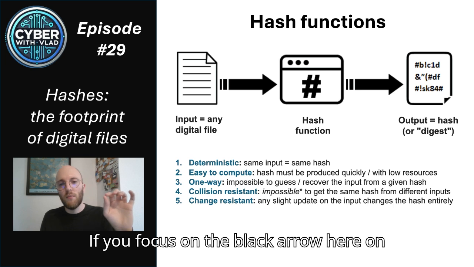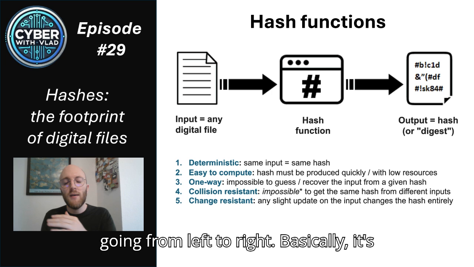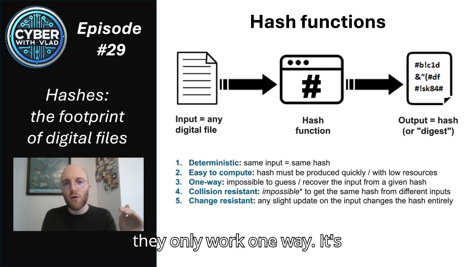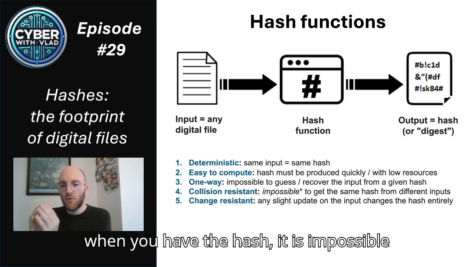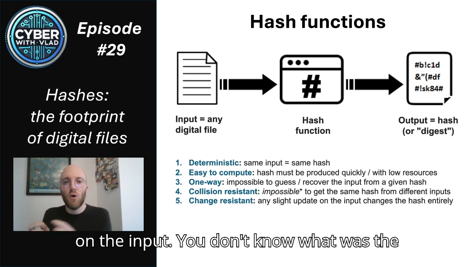If you focus on the black arrow here on the graph, you will see that it's really going from left to right. Basically, it's also to illustrate that hash functions only work one way. When you are given the output, when you have the hash, it is impossible for you to have any type of information on the input.